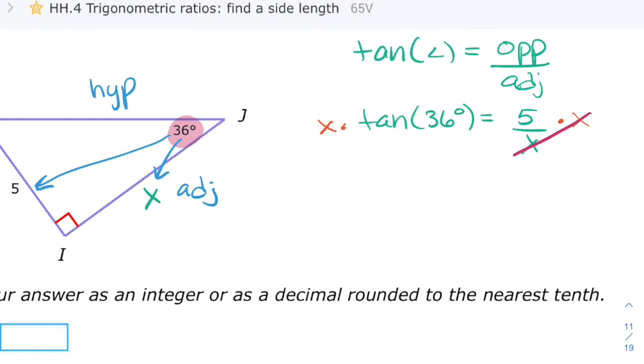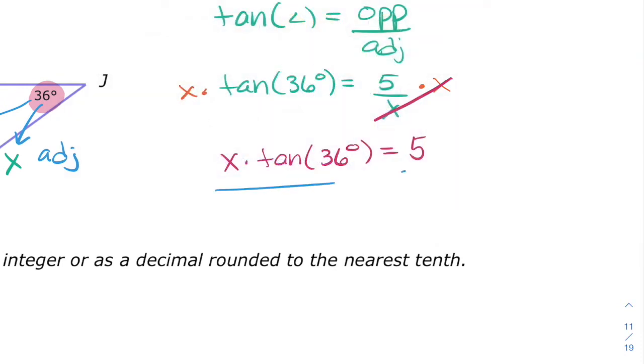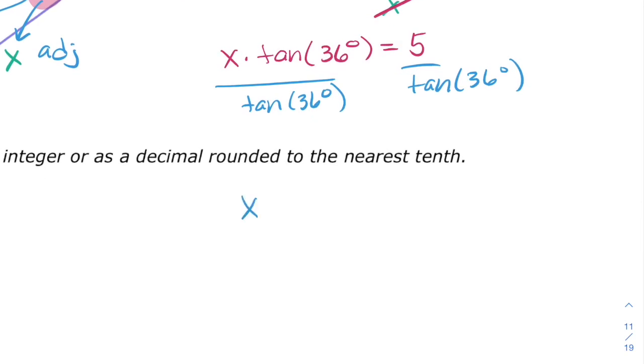So you get x times tangent of 36 degrees equals 5. And then we're going to divide both sides by tangent of 36. So we get x is equal to 5 divided by tangent of 36.